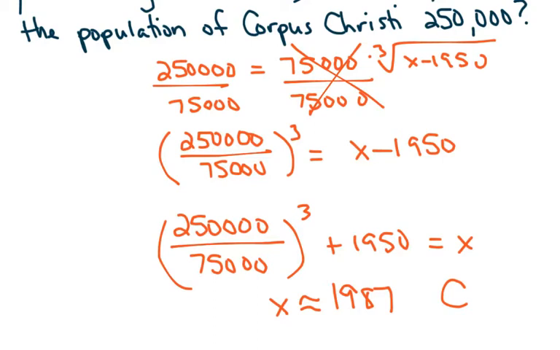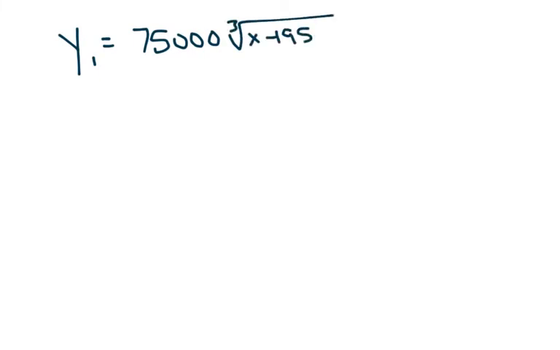Well, let me tell you another way of doing it. We can also do this on the graphing calculator. If you use the program Desmos, it is probably a lot easier to do this problem, but on the graphing calculator, you can plug it in one of two ways. You can either make y1 equal to 75,000 times the cube root of x minus 1950. Remember, the cube root function is under the math menu.